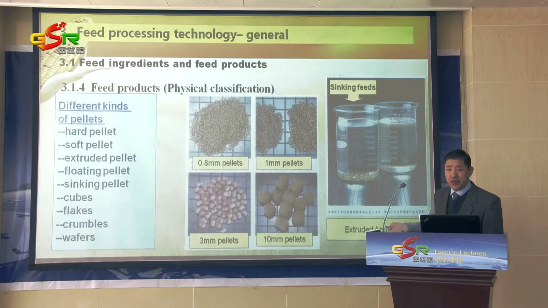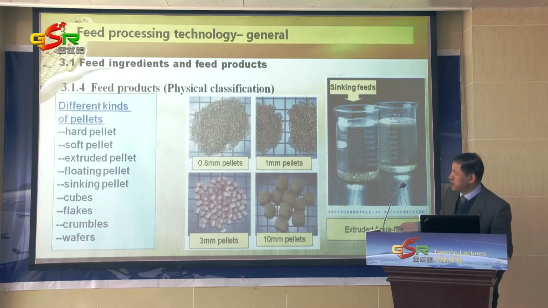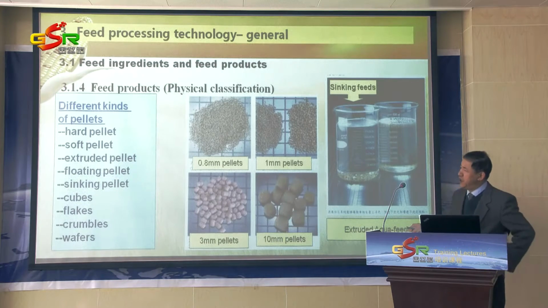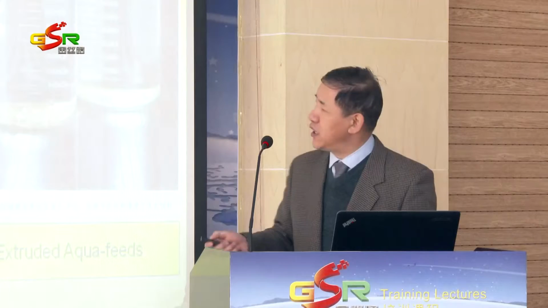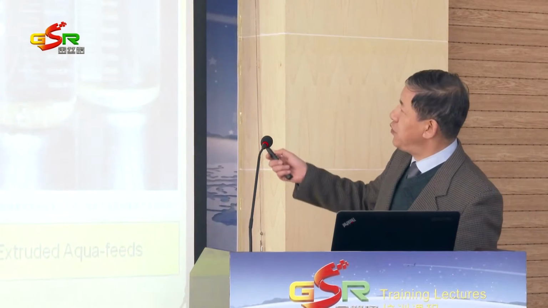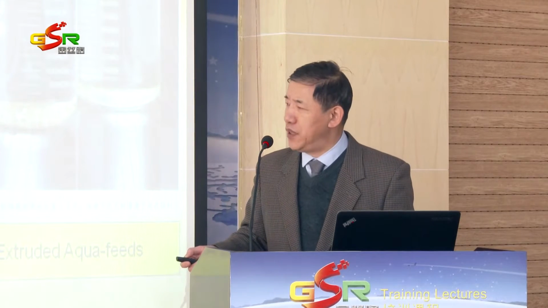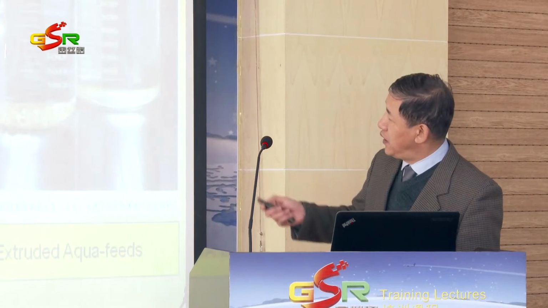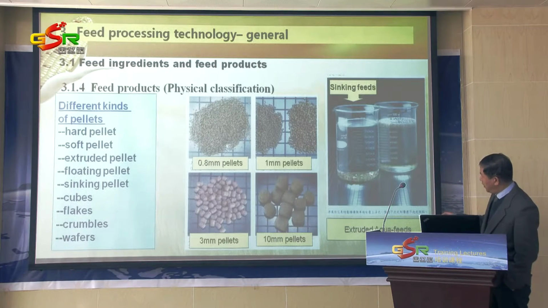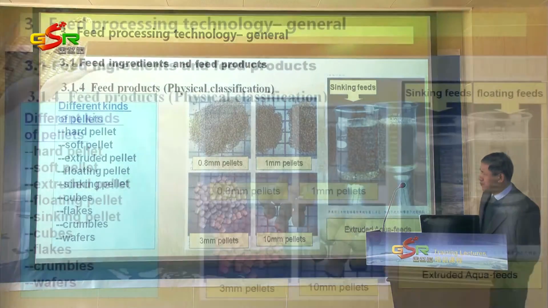Soft pellets contain more than 30% water. Extruded pellets use an extruder to extrude the feed through a die into a kind of product. Floating pellets can float in water. And sinking feed pellets are heavy, so they sink in the water to the bottom.